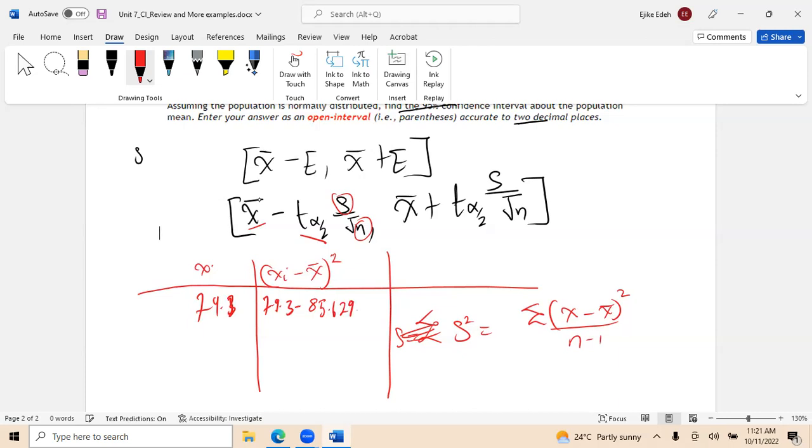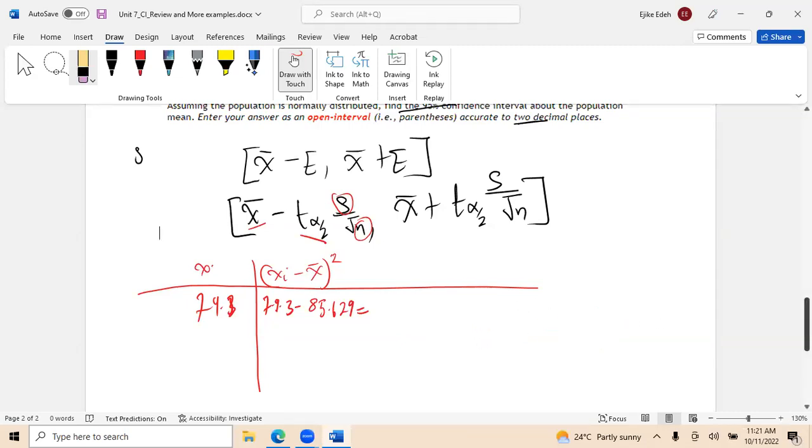Let's see if we can get that square at once. So this is 79.3 minus 85.629. What did you get? I got 40.05. So here we have 40.056. And we'll keep the 3 digits since it says 1 to 2.